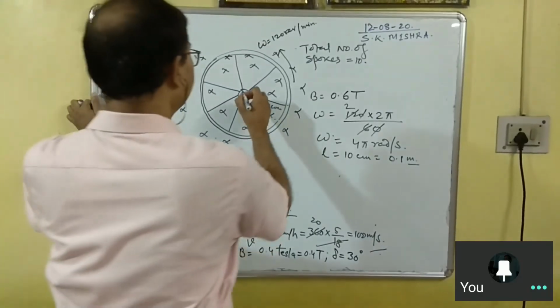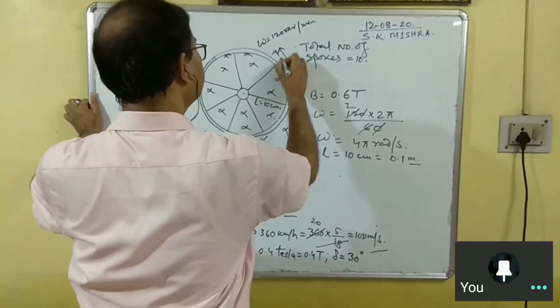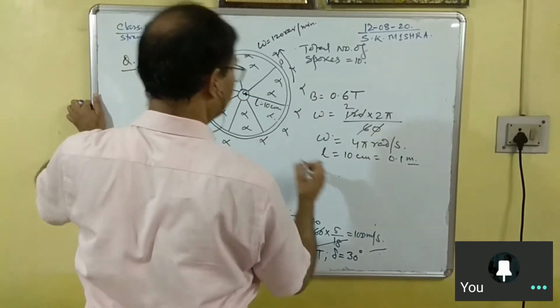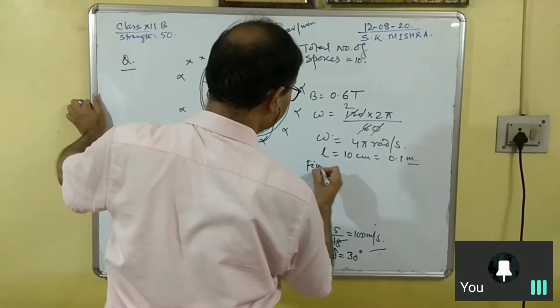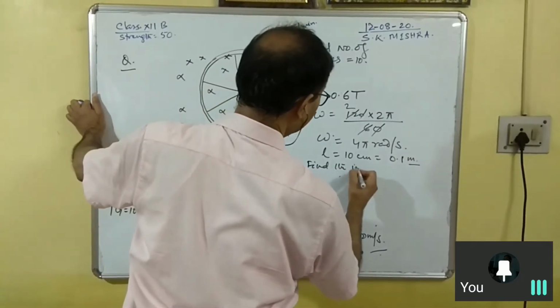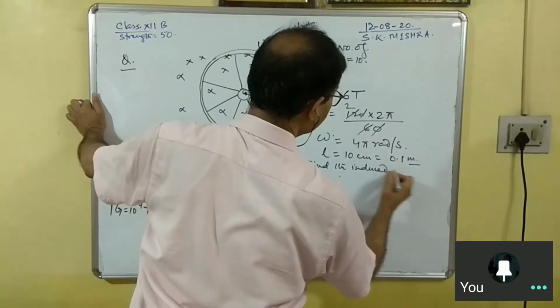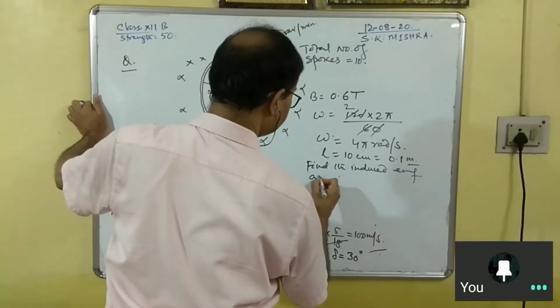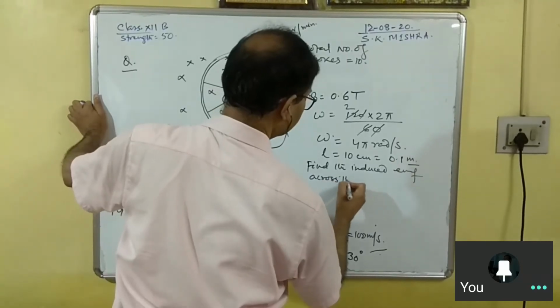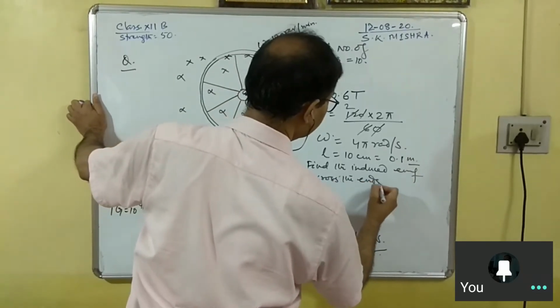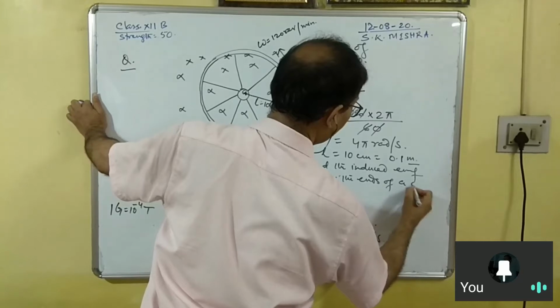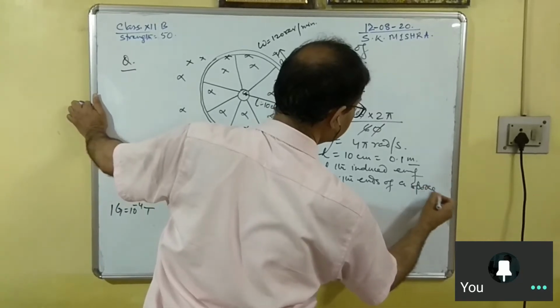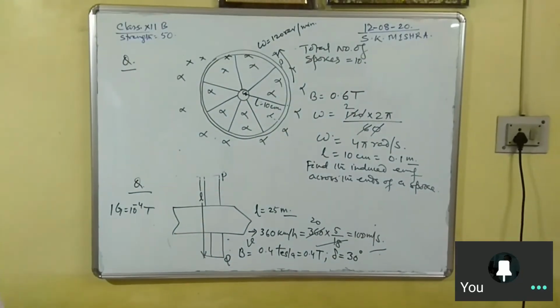Say I am writing this point P, here is P, here is Q. So find the induced EMF across the ends of a spoke. Yeah? So how will you find it?